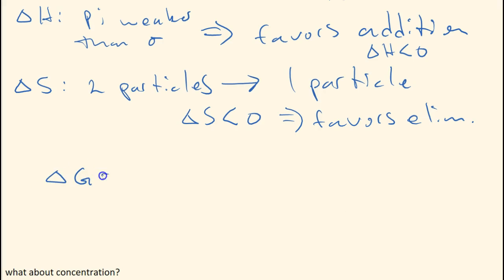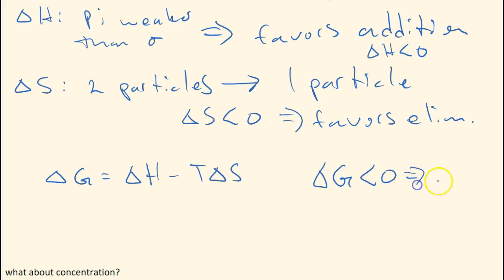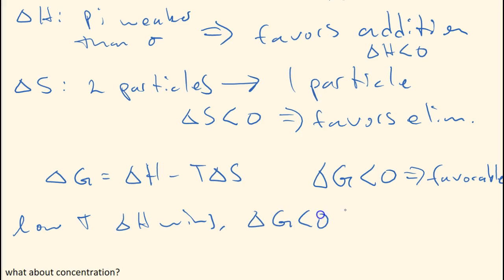Recall that delta G equals delta H minus T delta S, and a delta G less than 0, that is a negative delta G, is favorable. Right? So, at low temperature, delta H wins, delta G is less than 0, and we get the addition product.